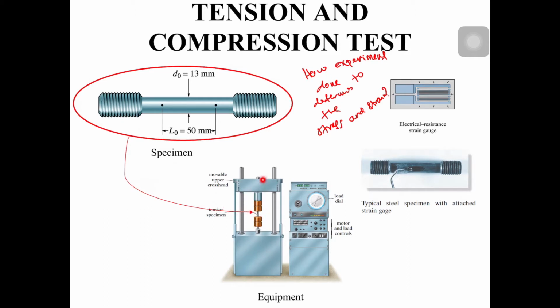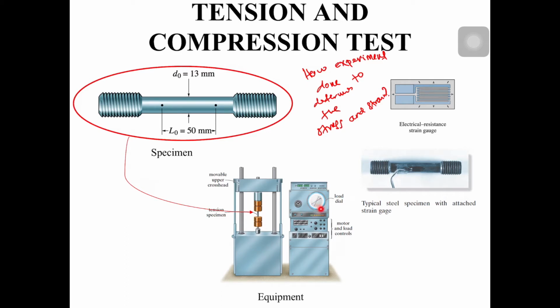We grip this one and pull the machine upwards, so it will stretch and elongate. The load is read at this controller.